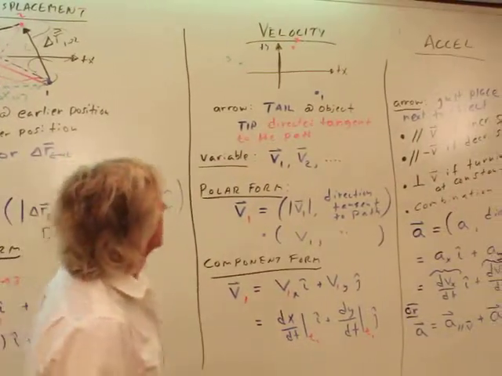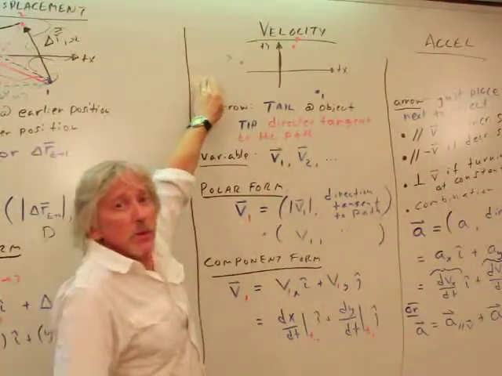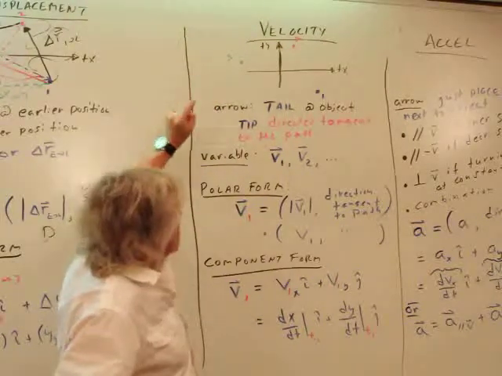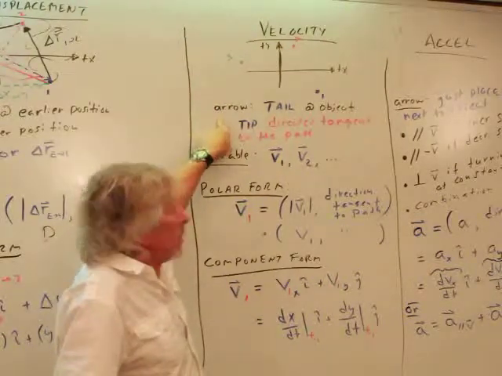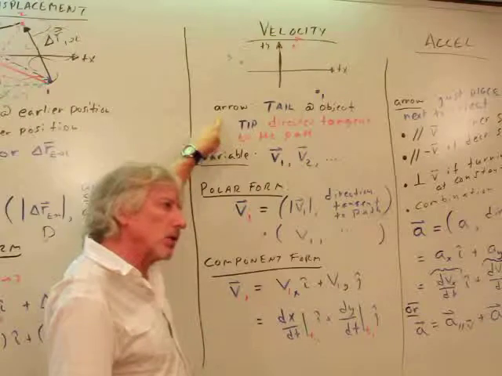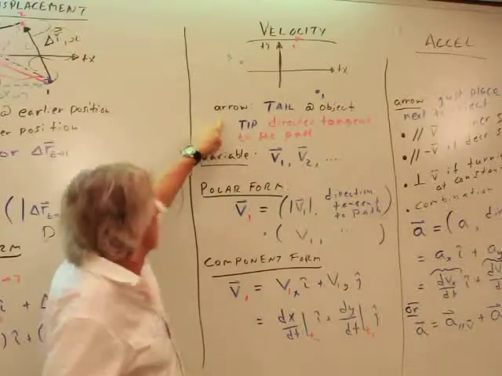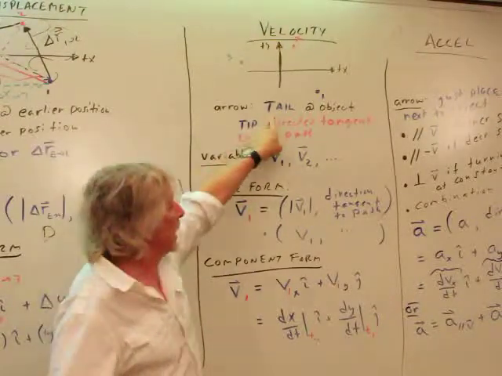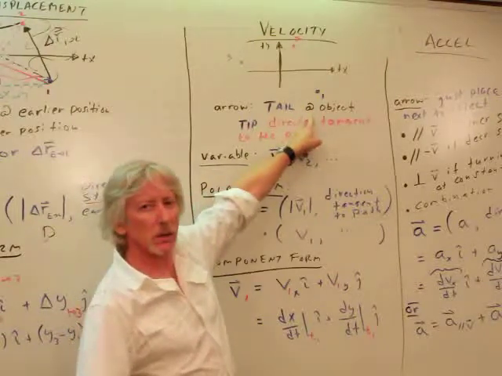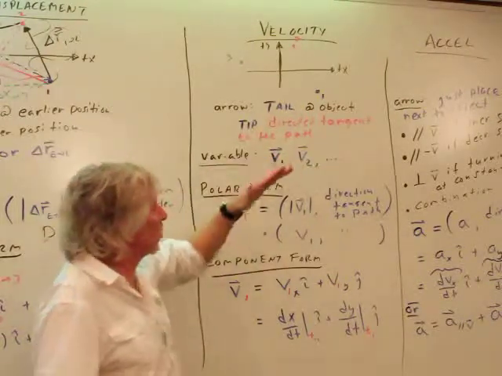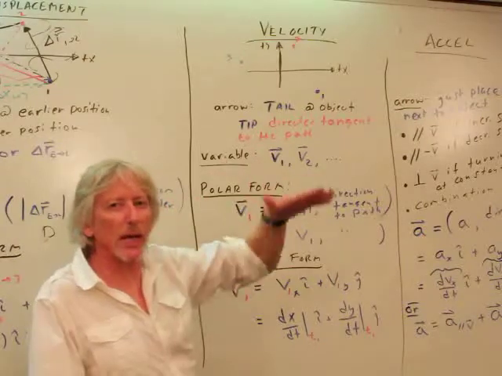That's velocity, how do I do that? Okay, well, velocity, remember the arrow. We've done this in 1D, now we're going to 2D, leaving 3D for later. The tail is usually drawn at the object. The tip directs, it's in the direction you're going at that moment.